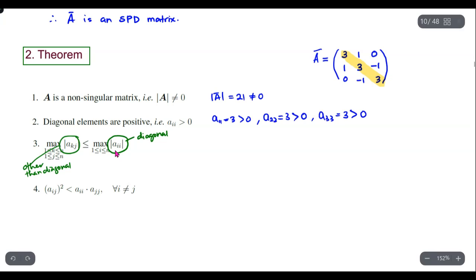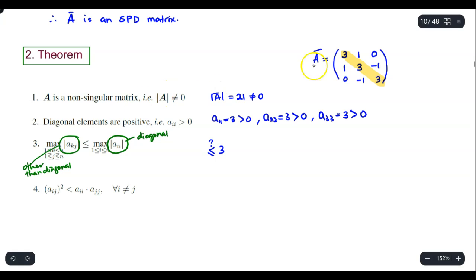For this case, if we take the right side first, we have the diagonal elements 3, 3, 3. In terms of absolute value, they are all positive 3, so the maximum would be 3. Then we want to see whether we satisfy this against the maximum of the rest of the elements other than the diagonal.